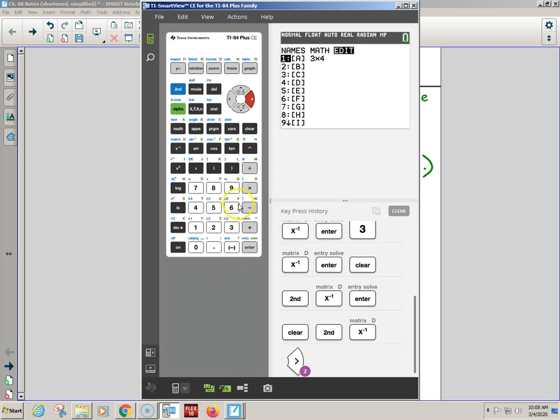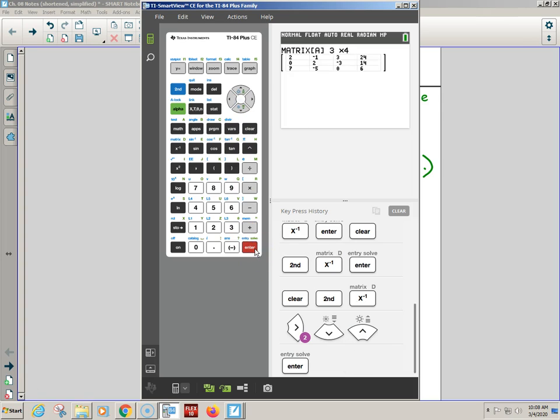So what's the 3 and what's the 4? 3 is how many down, and 4 is how many over. What's the snazzy way of saying that? Rows and columns. Got it.